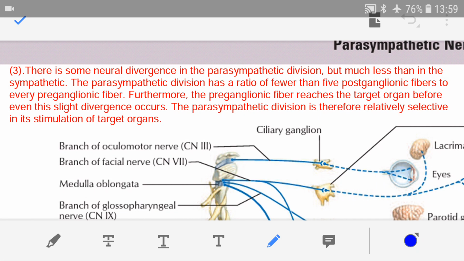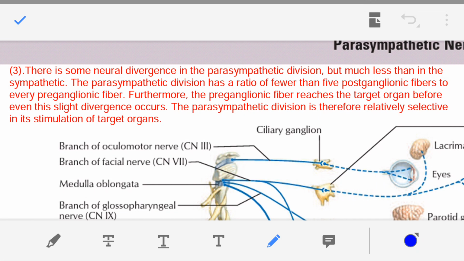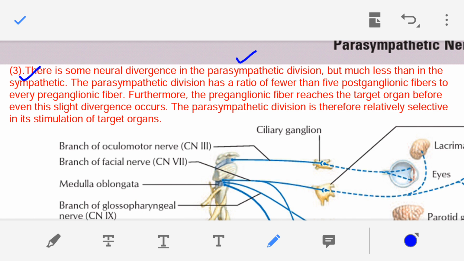Now, see, this is the third point. There is some neural divergence in the parasympathetic division. So there is some variation you will observe in the parasympathetic division, but these differences are much less than in the sympathetic division.